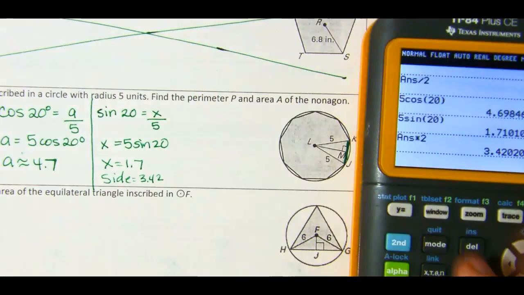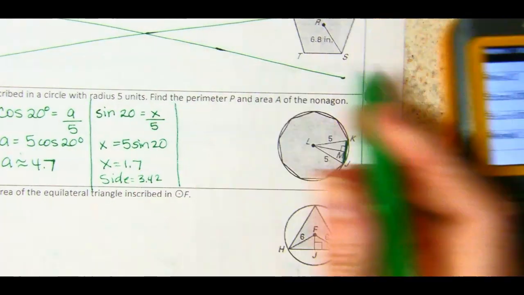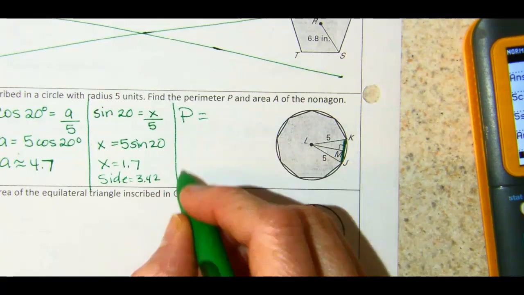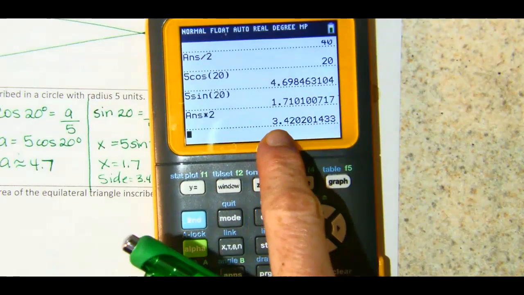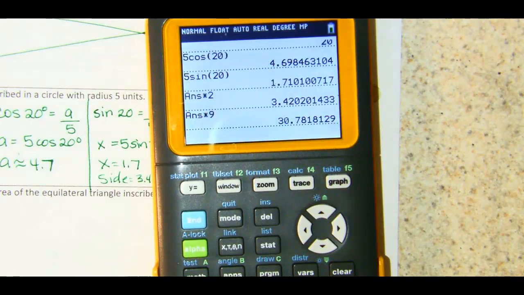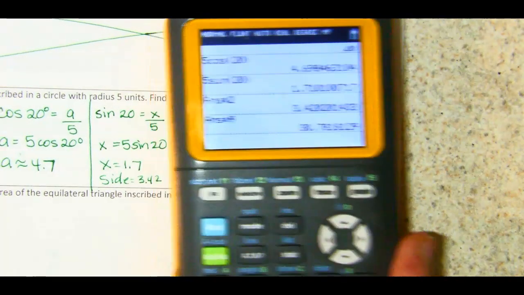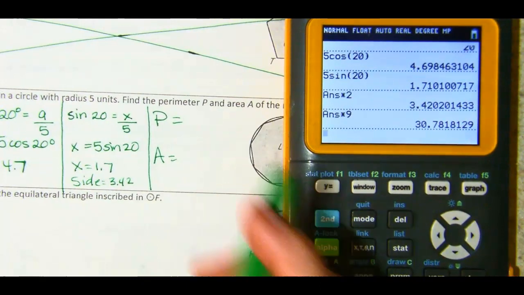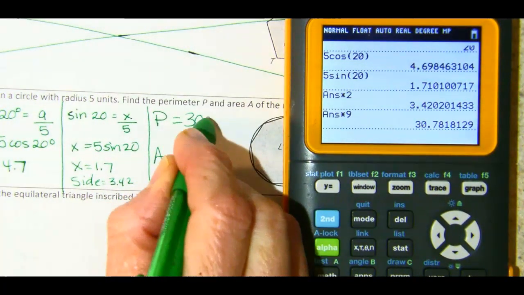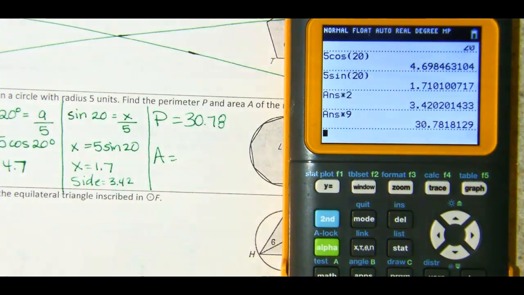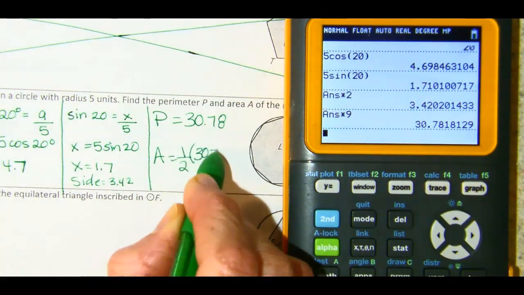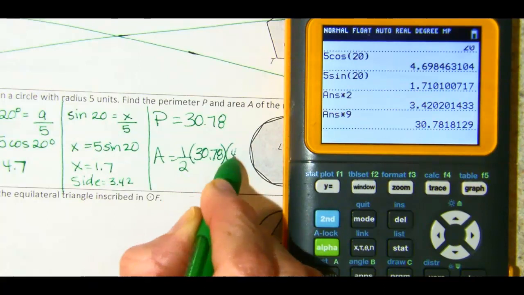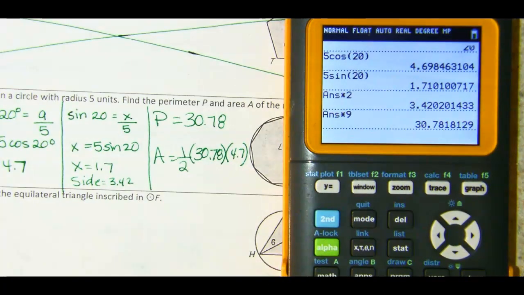So I'm going to multiply that by 2, and that is going to tell me my side is about 3.42. Now, next step, we need to find the perimeter and then the area. Well, now that we have the side at 3.42, I'm going to multiply that by 9. So the perimeter is 30.78. Well, now that I have the perimeter at 30.78, I can find the area because it's half times the perimeter times the apothem, which we have already found.